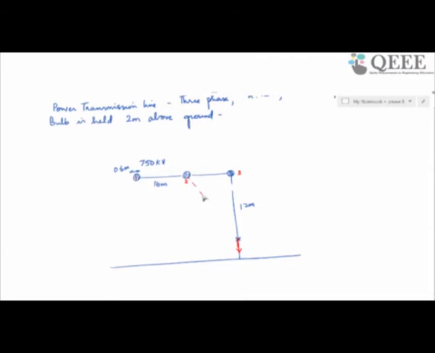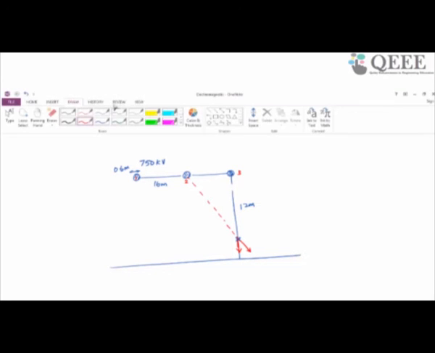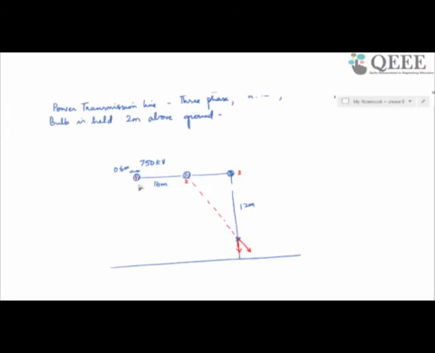Due to line 2, it's along this line and it's at this angle. Due to line 1, it's along this line at this angle. So I have E3, E2, E1.